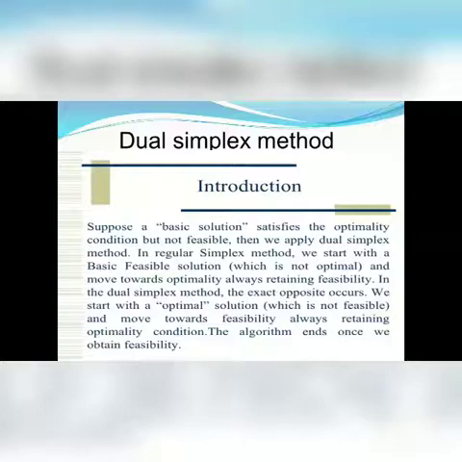In the dual simplex method, the exact opposite occurs. We start with an optimal solution which is not feasible, and move towards feasibility, always retaining the optimality condition, until we obtain feasibility.